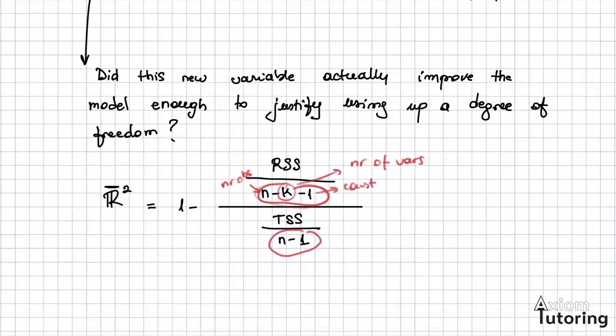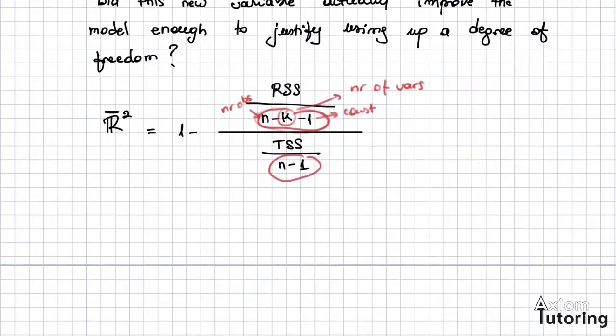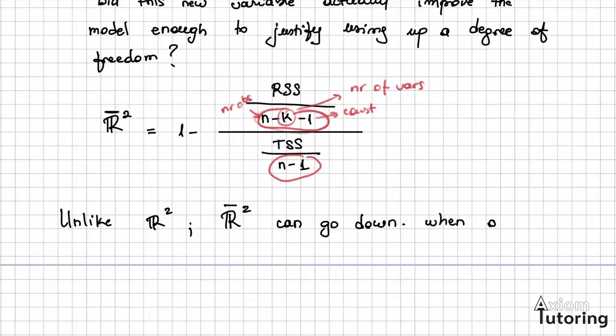Now, based on this formula, unlike the R squared, the adjusted R squared can actually go down in value when you are adding a regressor. And that drop is informative because it means the X variable that you just added is not giving any further information.